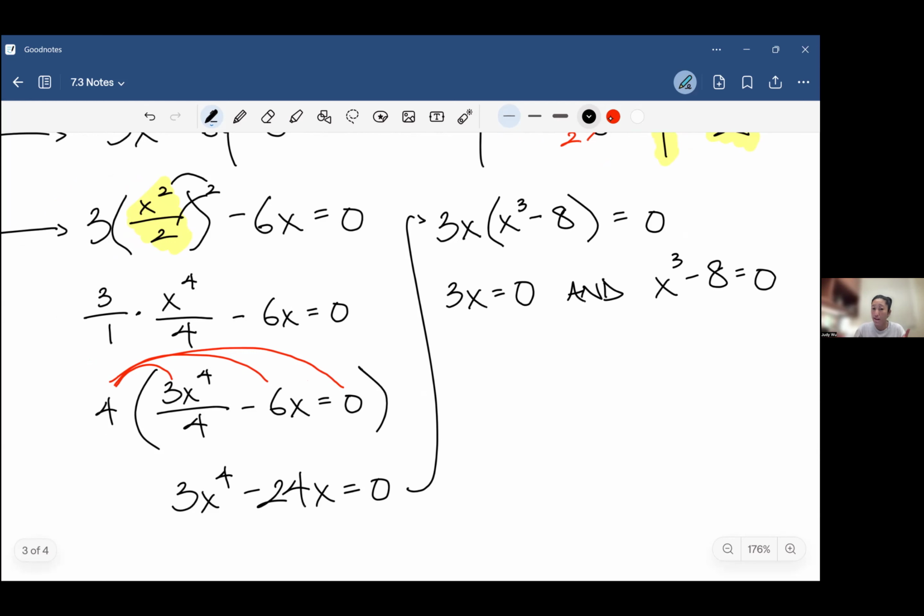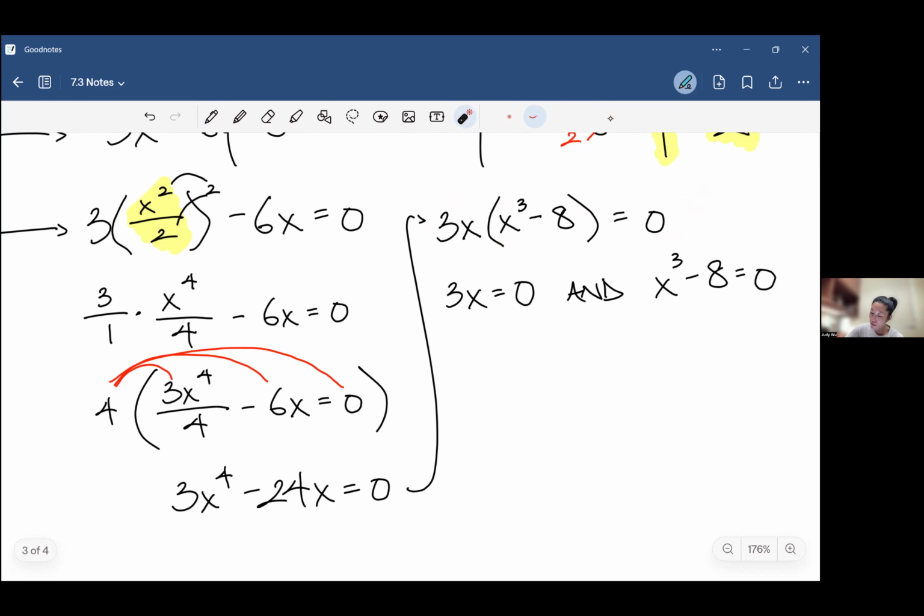Now, remember, when we factor and we set it equal to 0, that allows us to set each part equal to 0. But it only works if we have a 0 here, right? So if we don't have 0, this is a no-go. We got to make it equal to 0, and then we can do this process.